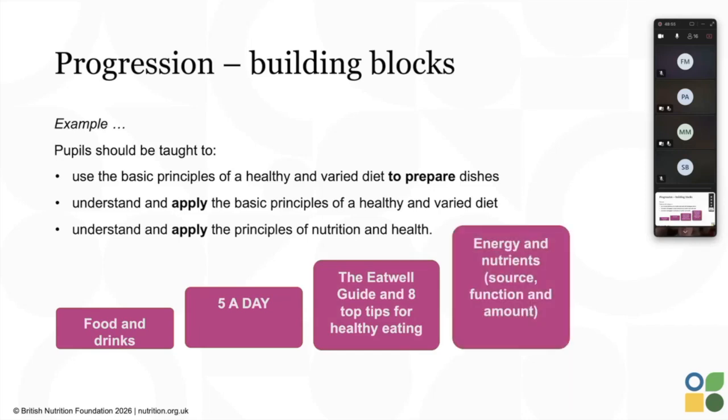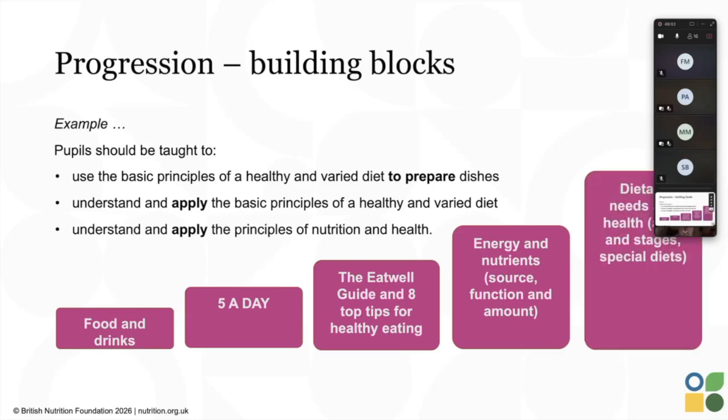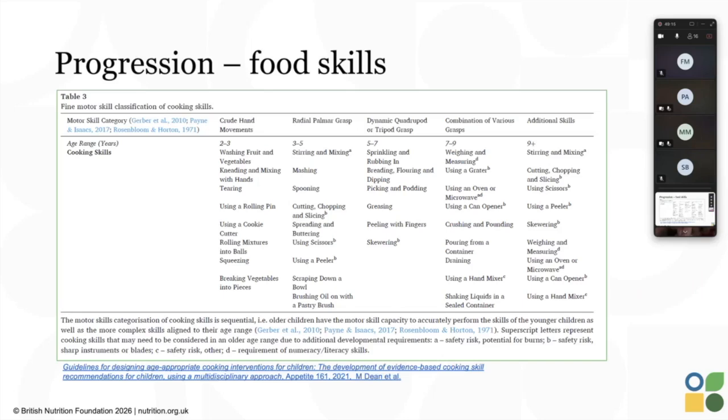Then we say, actually, these foods contain energy and nutrients, and they have a source and a function, and you need a certain amount. And sometimes there are different dietary needs as well. So you can see that from year 1 through to year 9, there are progressive blocks that build up throughout a child's food and nutrition journey through school.